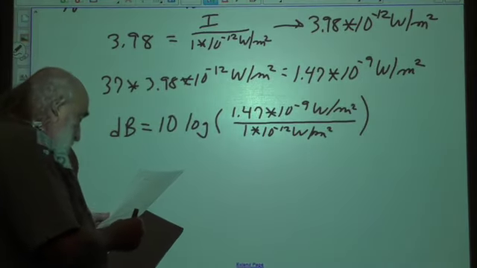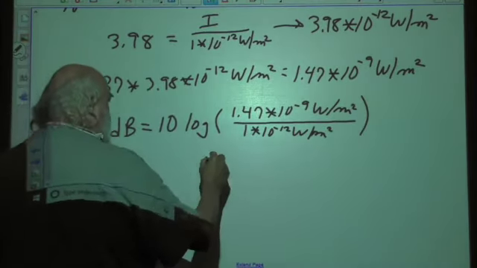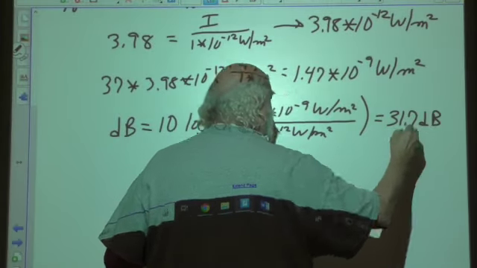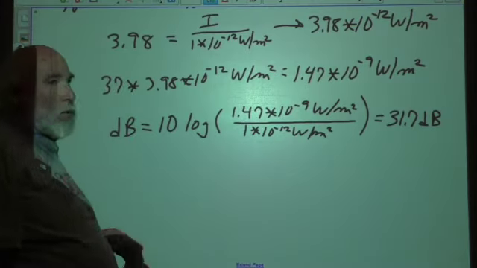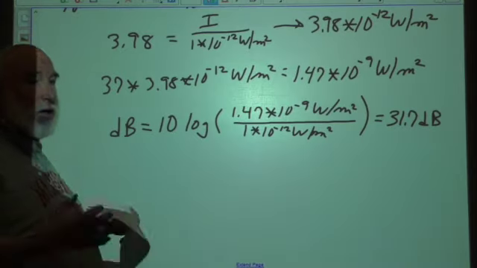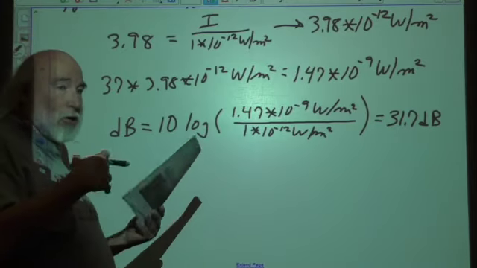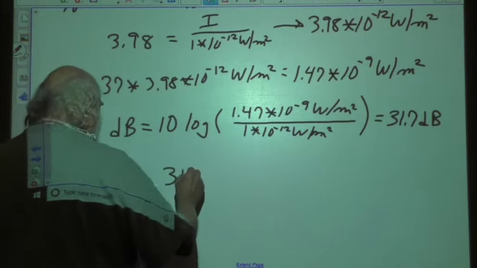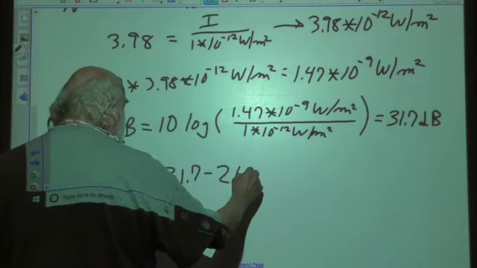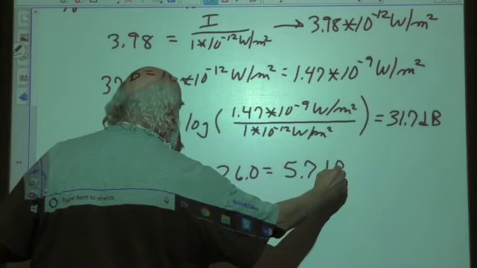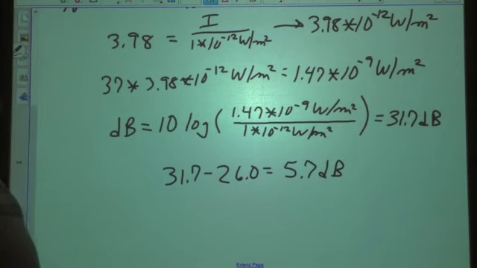And that value turns out to be 31.7 decibels. That means, how much did the intensity level rise with the introduction of 36 extra couples to the one couple? Well, you just subtract 31.7 minus 26.0, and we got a decibel rise of 5.7 decibels, which isn't too bad, but it is noticeable. All right?